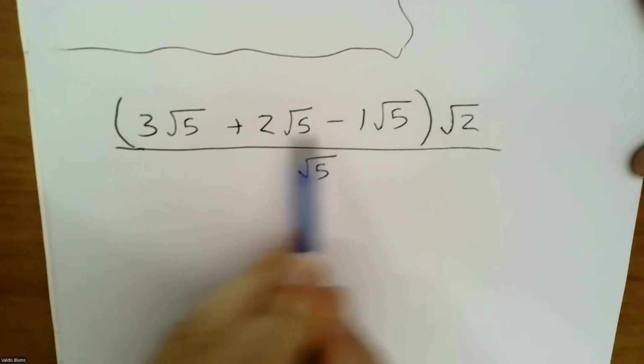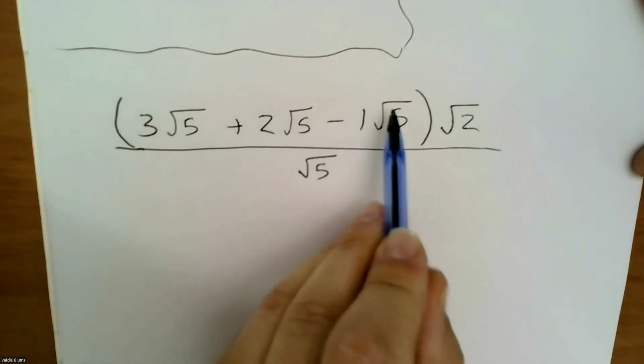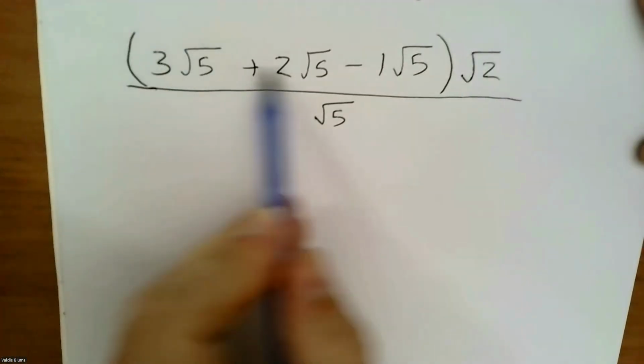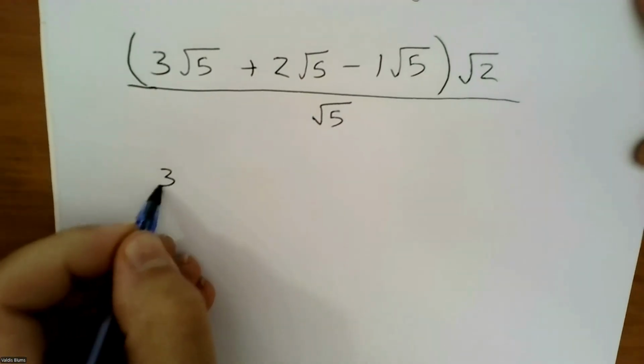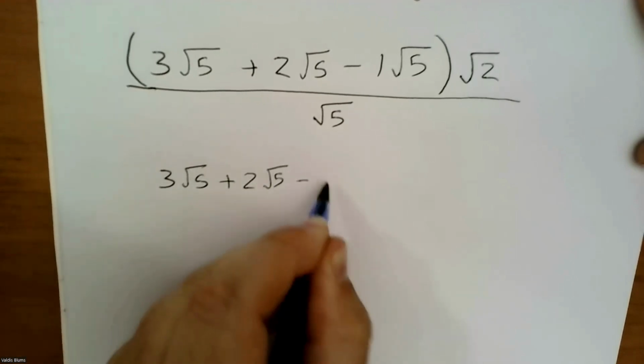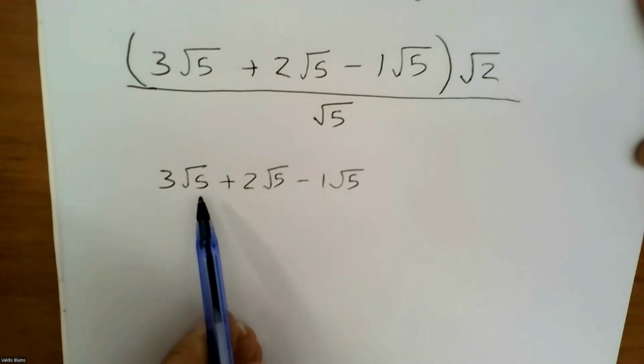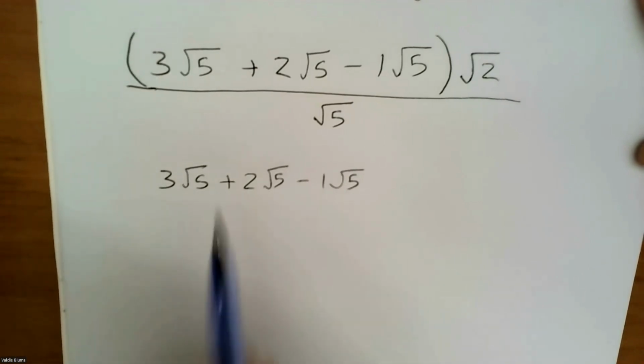So let's start with the stuff in the brackets here, and let's try and simplify this part. So if I just write out this section separately over here, you have 3 square root 5 plus 2 square root 5 minus 1 square root 5. And we're simplifying this. We have a square root 5 in each term.